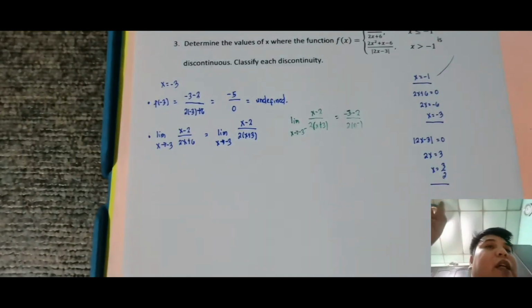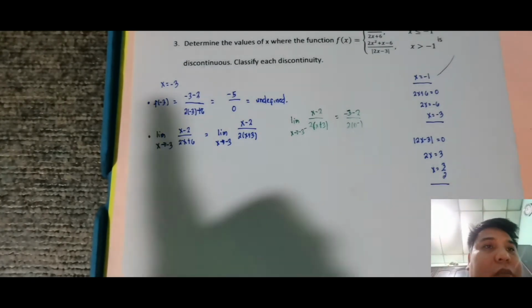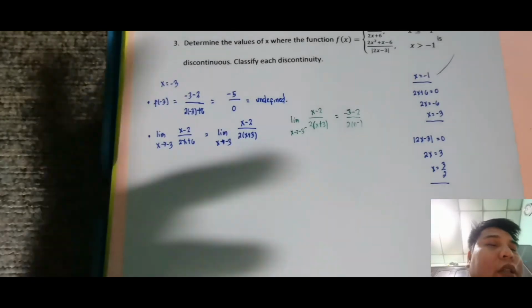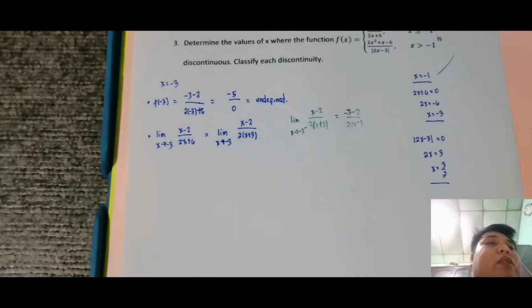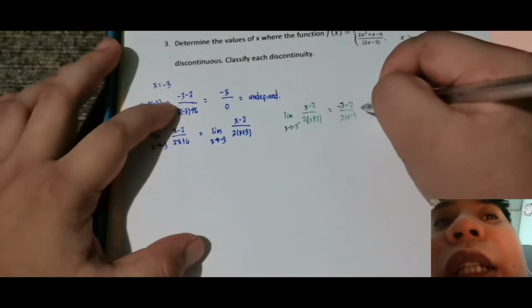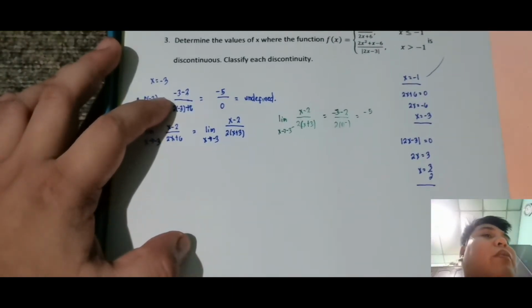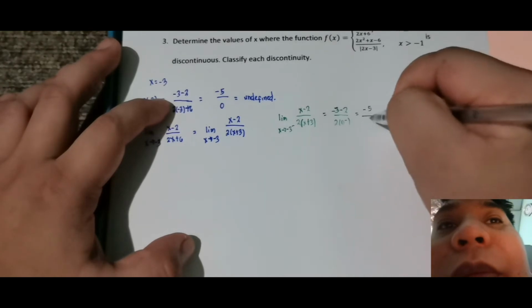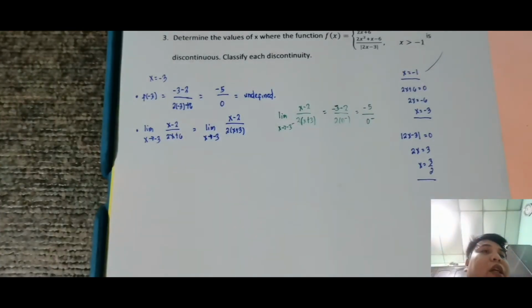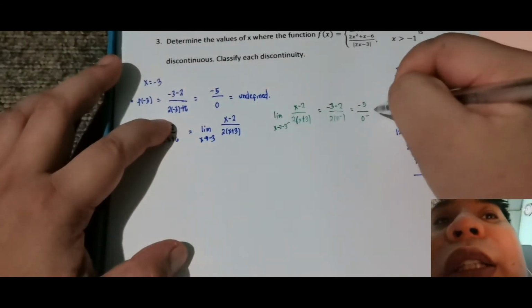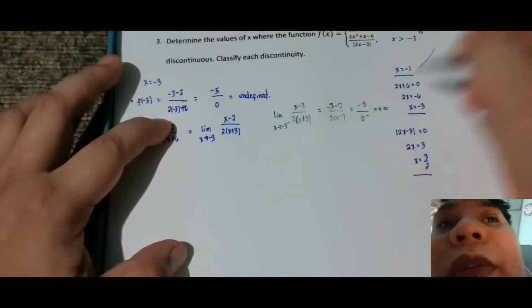Kasi nga negative 3.00 something plus 3, so may negative 0.00 something, kaya 0 from the left. So negative 5 over 2 times 0 from the left, which is 0 from the left pa rin. So negative 5 over negative na maliit, that is positive infinity. So obviously, ito ay positive infinity.